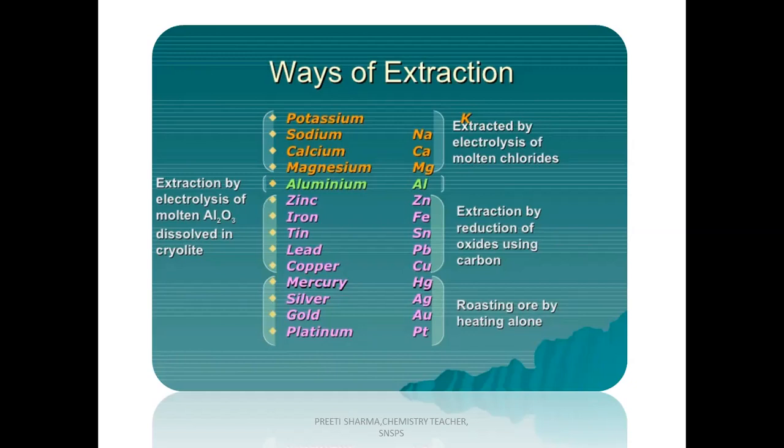Here we use two terms, roasting and calcination, which I'll tell you about in detail afterwards. And the least reactive, like mercury, silver, gold, platinum, their ores can be roasted, and after roasting we can get the pure metals. So these are the ways to extract the metals.